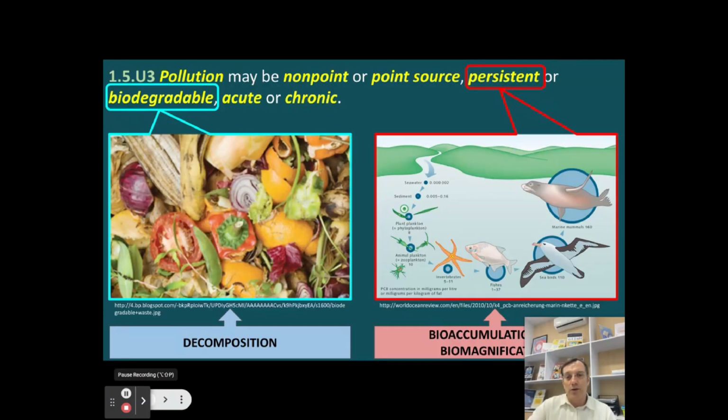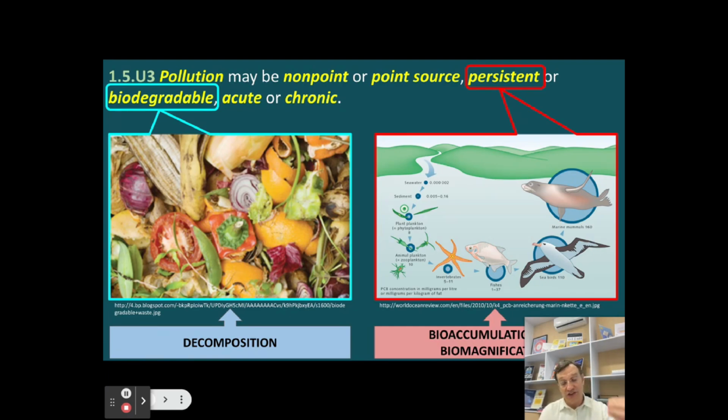So your persistent pollutants, things like your persistent organic pollutants, things like DDT, heavy metals such as mercury or arsenic, right? The bodies of consumers cannot degrade or break down those pollutants. That's why they're persistent.